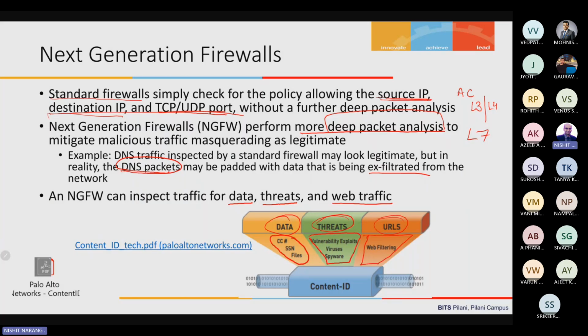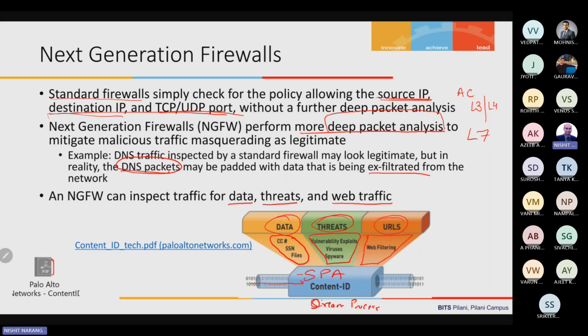So Palo Alto's Content ID next generation firewall, and I'm not specifically just talking about Palo Alto, a lot of other NGFWs today use that approach. It's called stream processing. You treat the incoming data as if it is a stream of bits, and it's a single pass architecture. They call it SPA, single pass architecture, where the stream of bits is passed in.